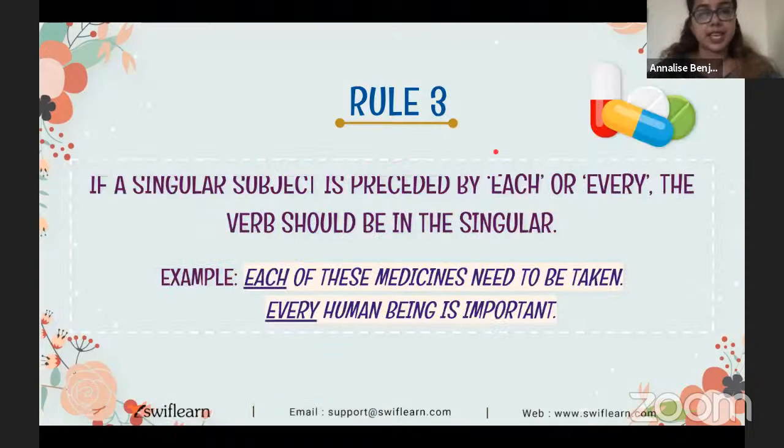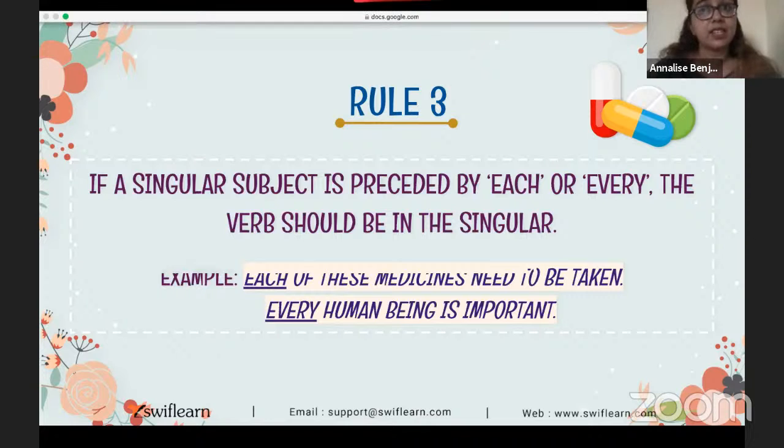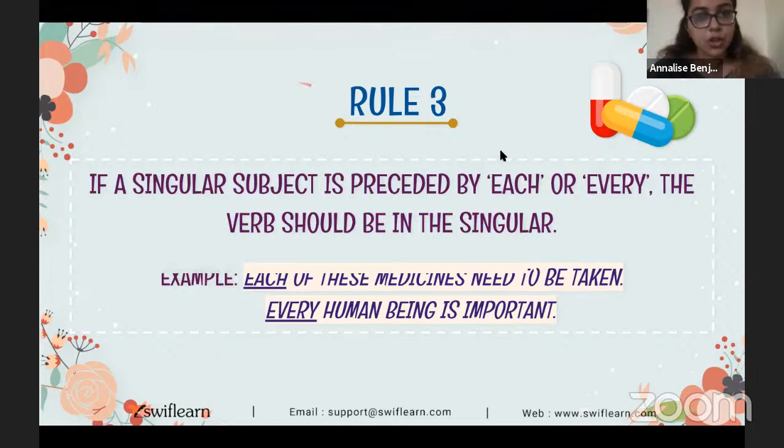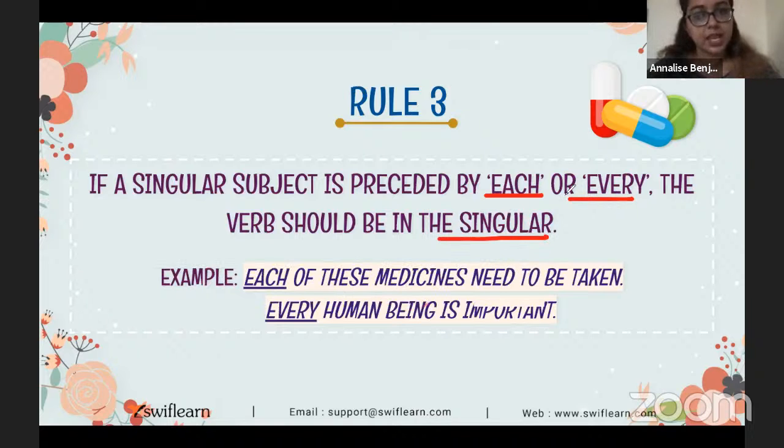Rule number 3 says that if we have a singular subject, and before the single subject we have the word each or the word every, then the verb will also be singular.